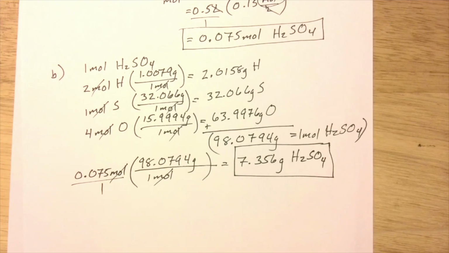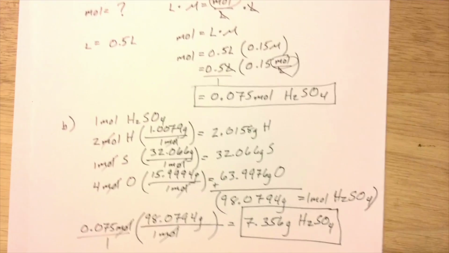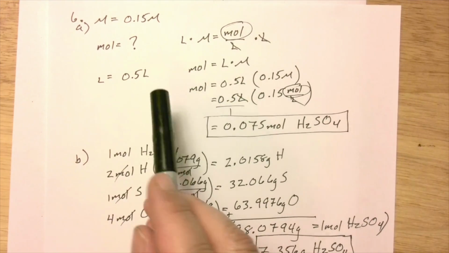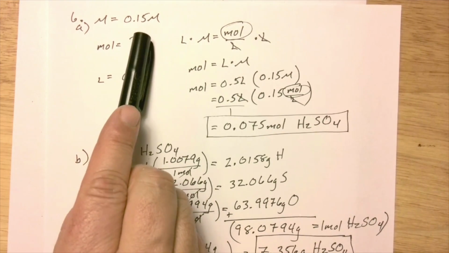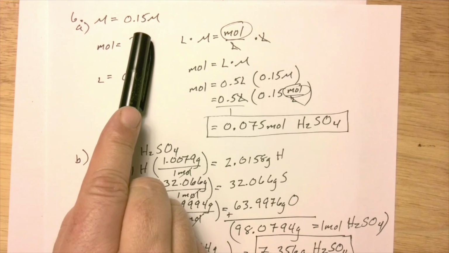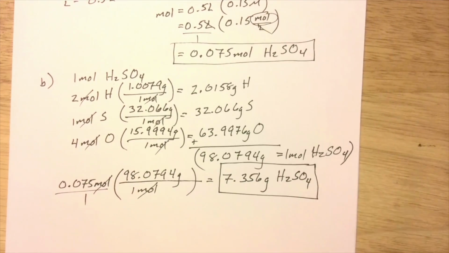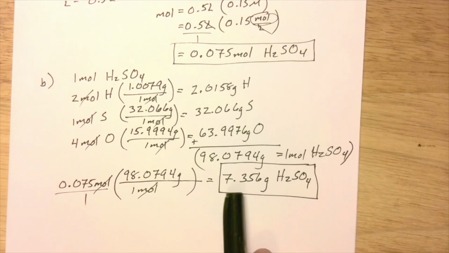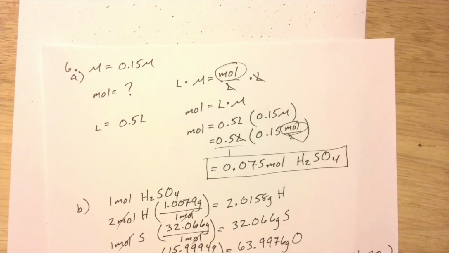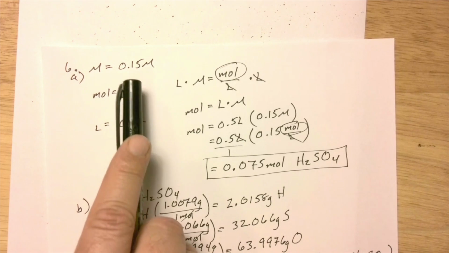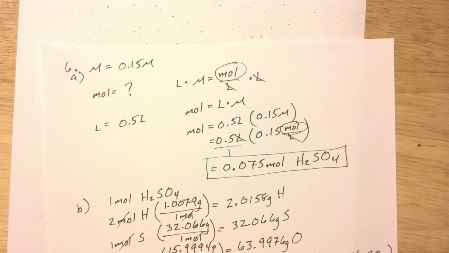So what that means is this. If you need a 0.15 molar concentration of sulfuric acid, and you want to make it in a 0.5 liter container, this many grams of sulfuric acid needs to be dissolved into this volume of water to give you that concentration of solution.